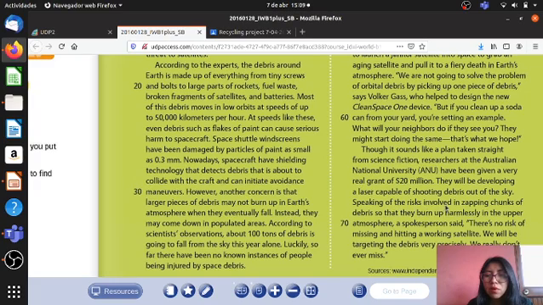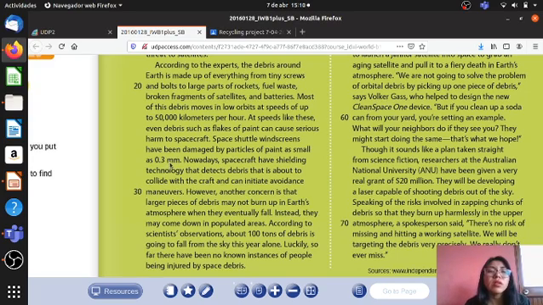Speaking of the risks involved in shooting chunks of debris so that they burn up harmlessly in the upper atmosphere, a spokesperson said, "There is no risk of missing and hitting a working satellite. We will be targeting the debris very precisely. We really don't ever miss."